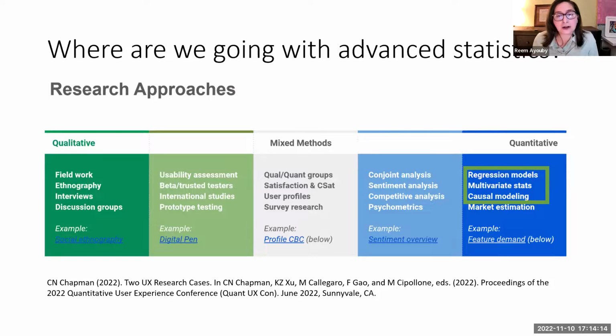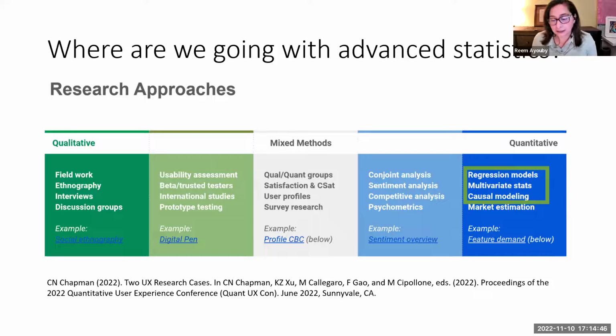And here at the extreme of quantitative user research, we're looking at regression models. So how many factors can we take into consideration, how those change and their impact on our variable of interest, often referred to as a dependent variable, multivariate statistics, and causal modeling. So this is kind of what I'm going to be getting into now.